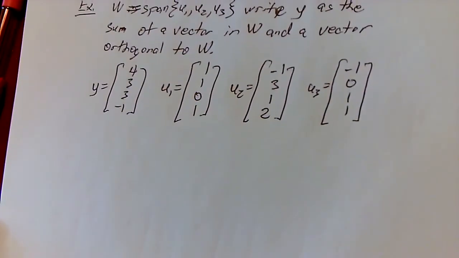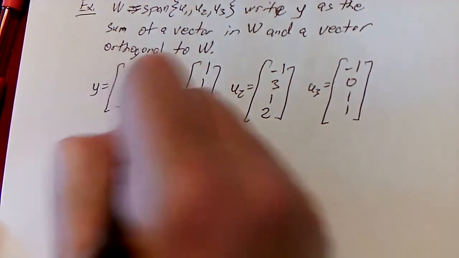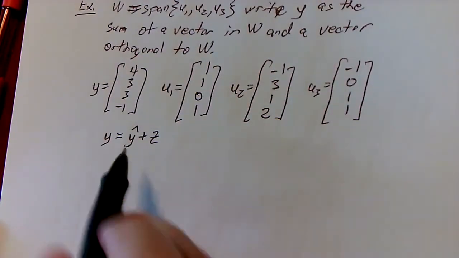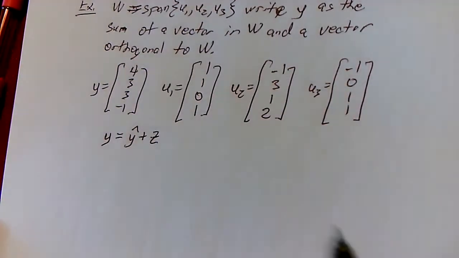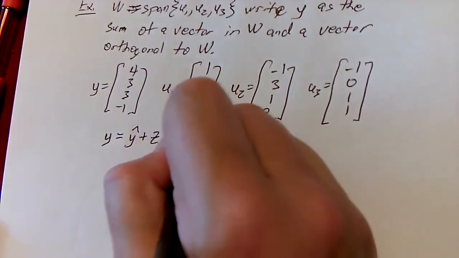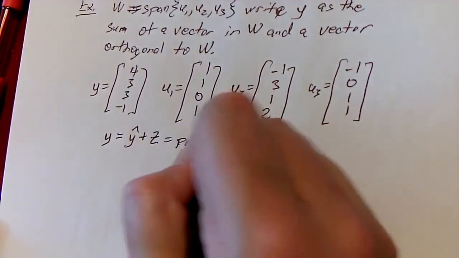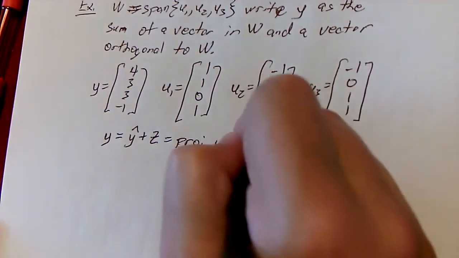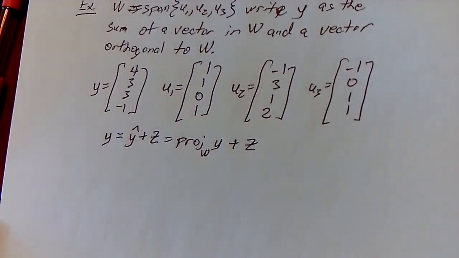Okay, so I want to get a vector that's in W and a vector that's orthogonal to W. So what I want to do is an orthogonal projection. So I'm going to have y hat plus z. So y hat and z are the two vectors I'm looking for. Y hat is going to be the projection of y onto W. And then, of course, z is just going to be the difference.